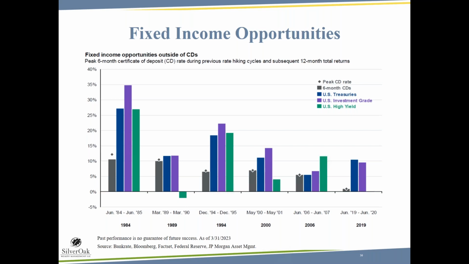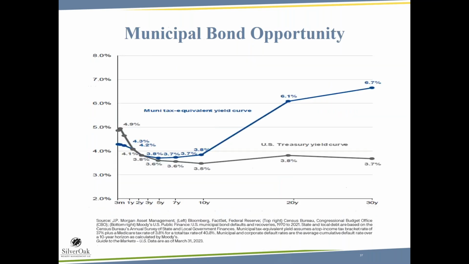Good point. And of course, municipals, I think I actually neglected to mention it, but municipals are quite attractive right now. Yeah, absolutely. So here we're showing that gap between the yield on a treasury versus the taxable equivalent yield.